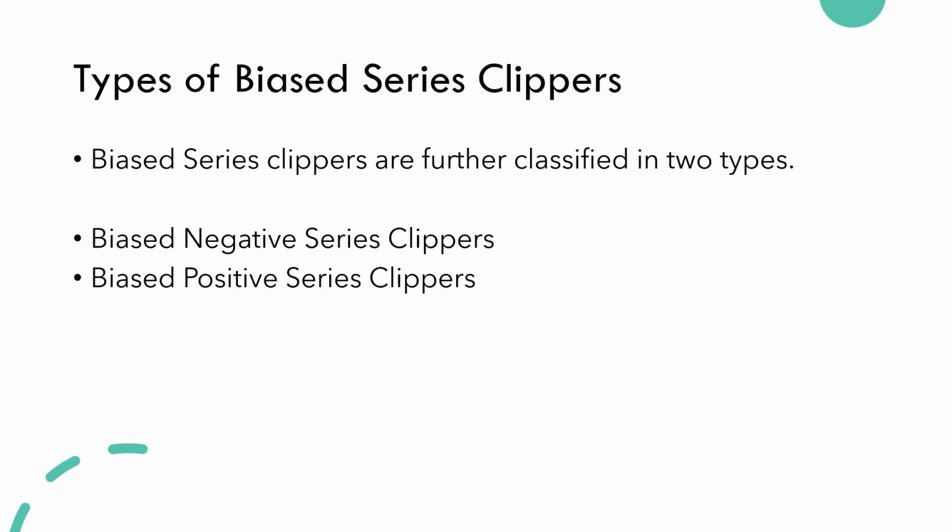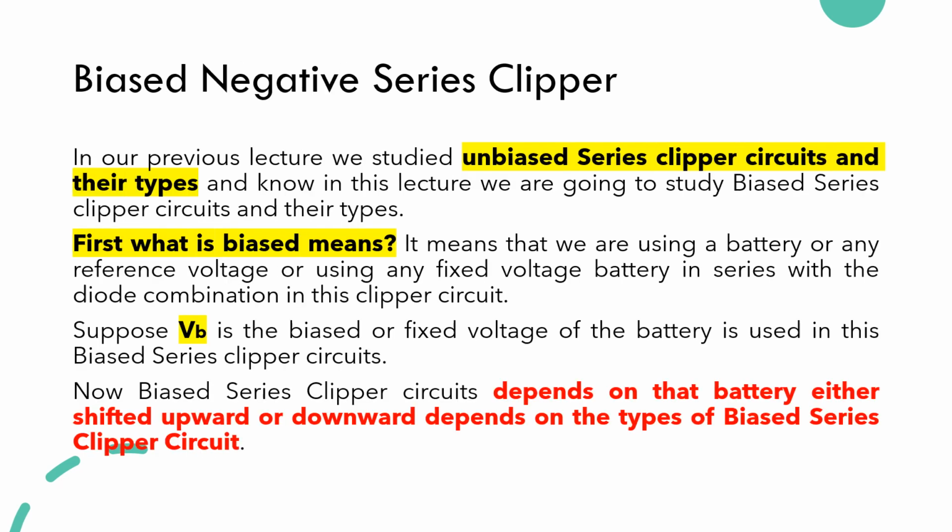Now in this slide we discuss the different types of biased series clippers. There are generally two types: biased negative series clippers and biased positive series clippers. In a negative series clipper, the negative portion is clipped by this circuit, and in a positive series clipper, the positive portion is clipped by these circuits.